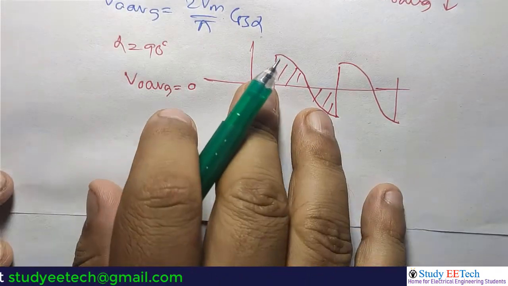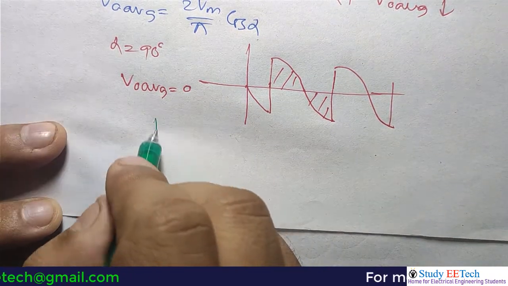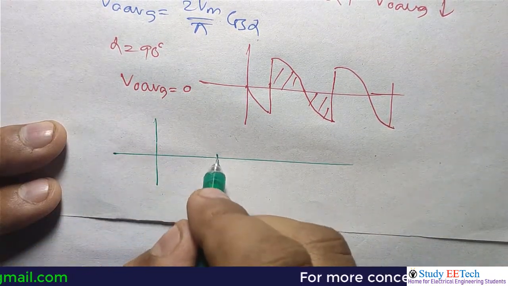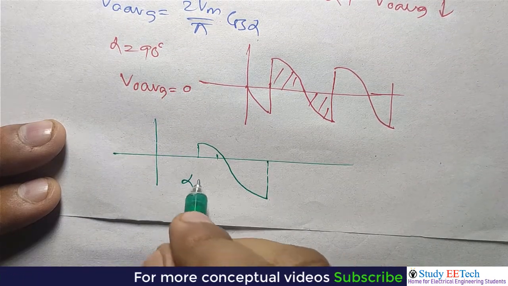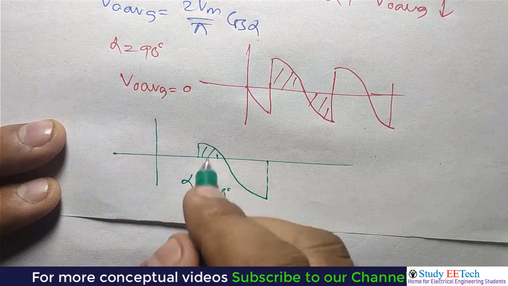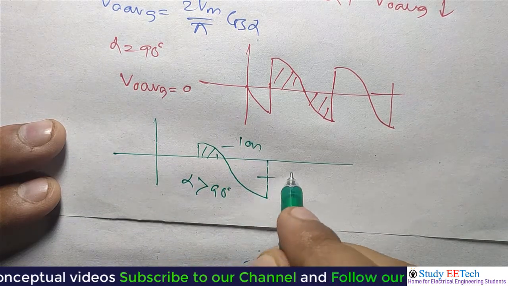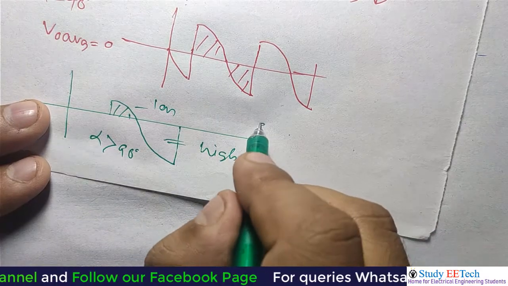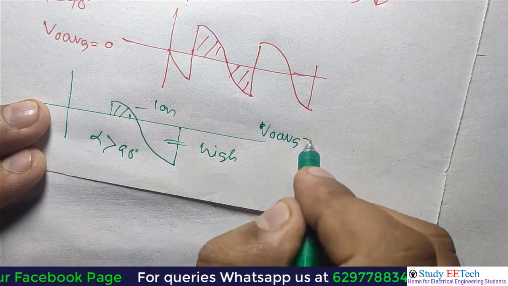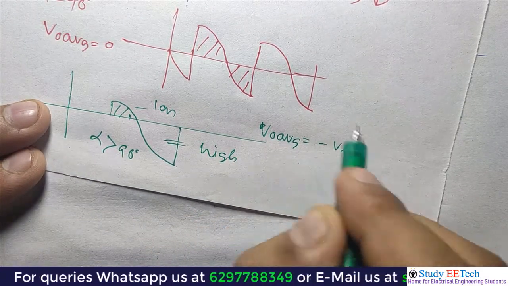Okay, now if the reverse scenario occurs, meaning this is 90 degree, so alpha is greater than 90 degree, so positive area is less and negative area is high, right? That will make the overall voltage VO average equal to negative.